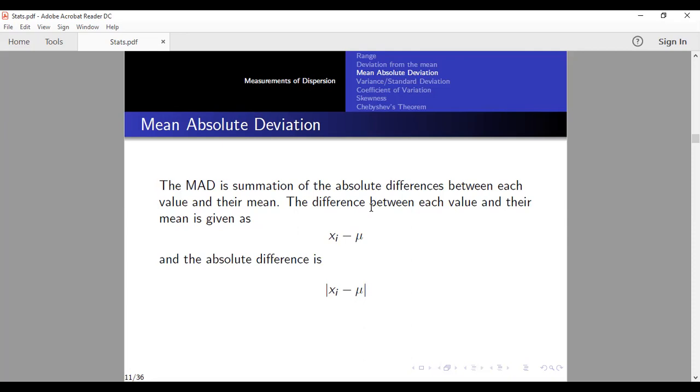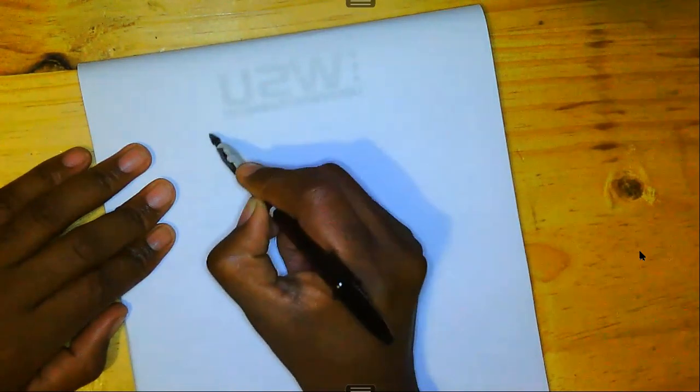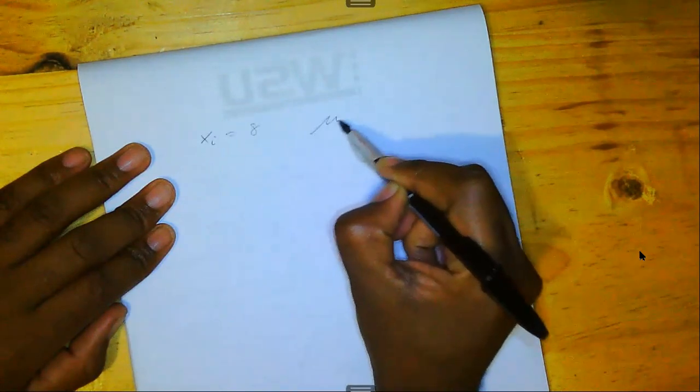But what are these two lines? Let me explain, and I'll explain using a calculator as well. We're talking about absolute difference. Let's say, for instance, our observation was 8 and our mean was 10.